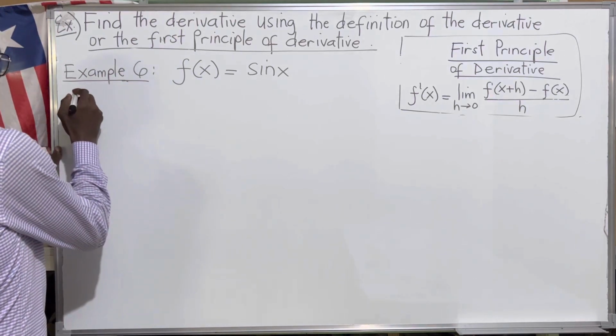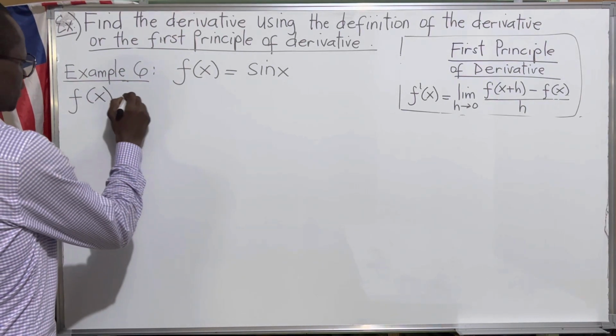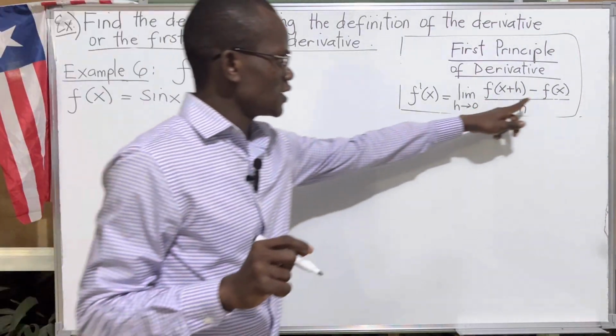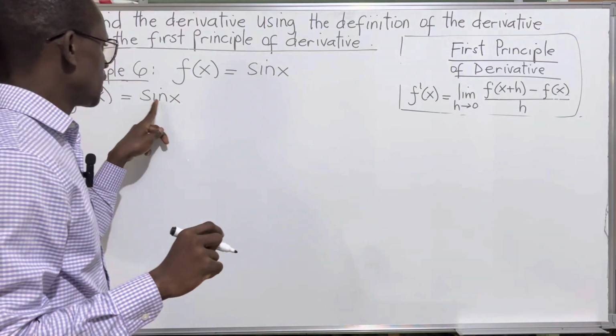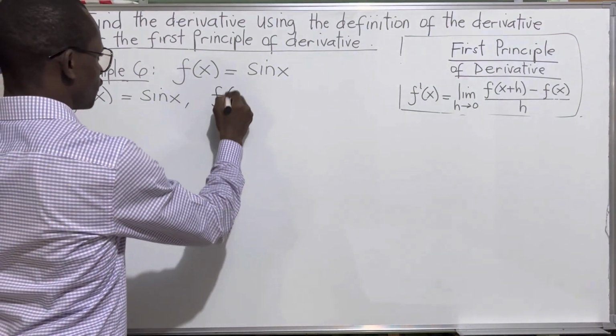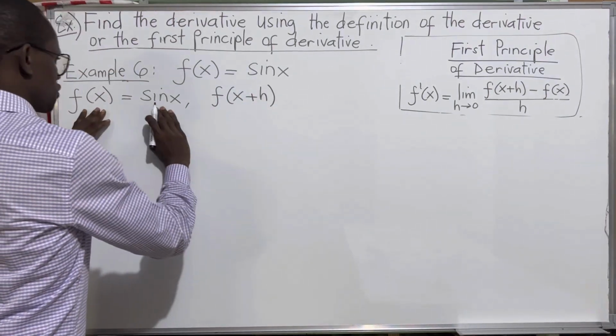So we say f of x is equal to sine of x. Whenever we see f of x, we're going to replace it with sine of x. So the next thing we need is f of x plus h. We use the same function.